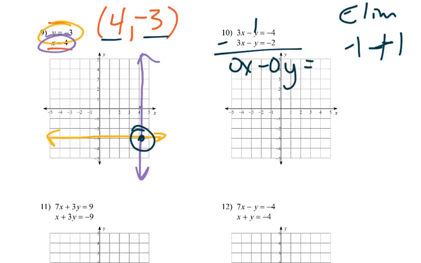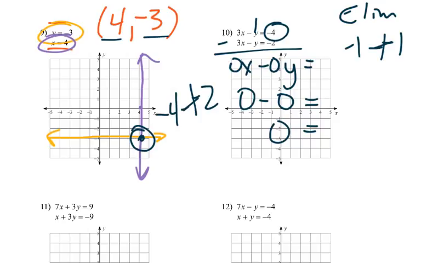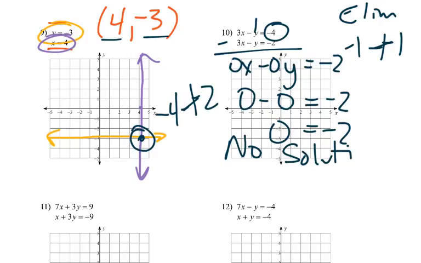Okay, so this could be no solution or many solutions, because I just got rid of my variables. So negative 4 minus negative 2, that would be plus, so that would be negative 2. So this one is not true, so it would be no solution. These lines are parallel. Okay, if we graphed them, they would be parallel.